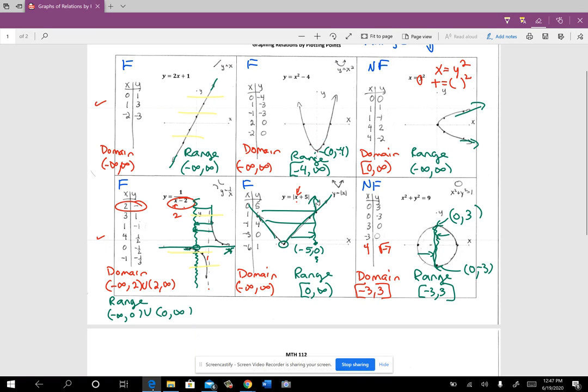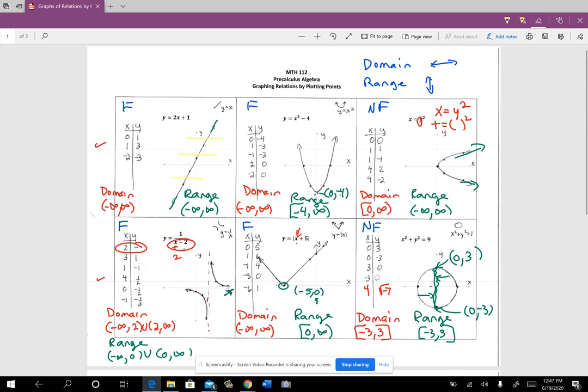Okay. Let me get rid of some of the range stuff. All right, so what I'm getting at on this last piece is that, yes, everything in the first two columns are functions. Everything on the whole entire page are relations. So this is a special kind of function. So this is a function, but it's a one-to-one function.